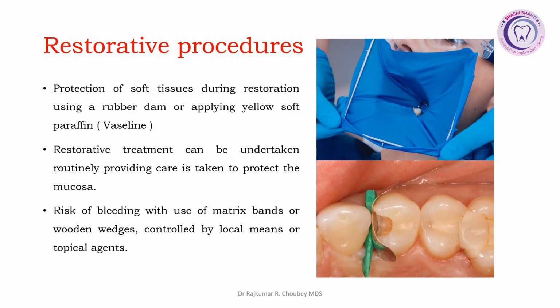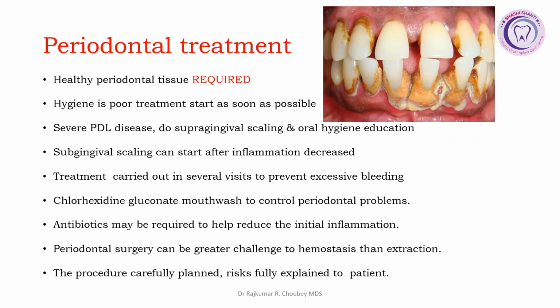Periodontal treatment is another discipline of dentistry where a healthy periodontium is required. If oral hygiene is poor, you should improve it as soon as possible. In severe periodontal disease, just do supragingival scaling and educate the patient on the maintenance of oral hygiene.